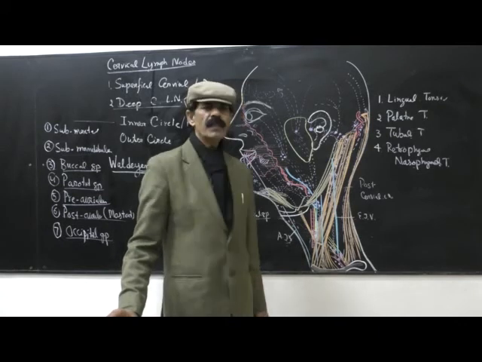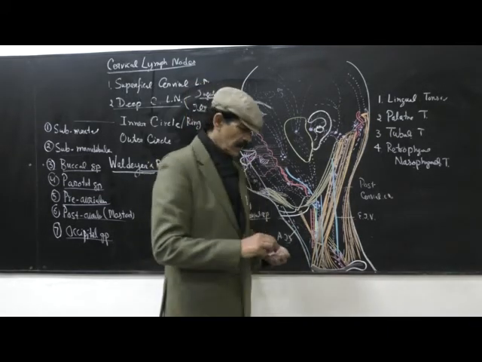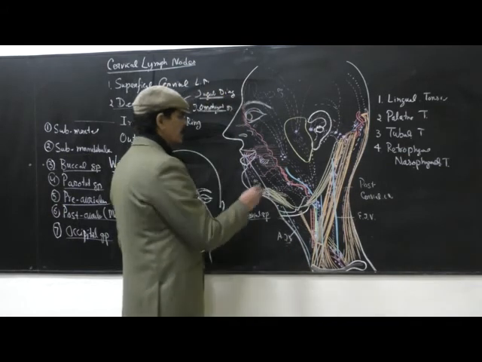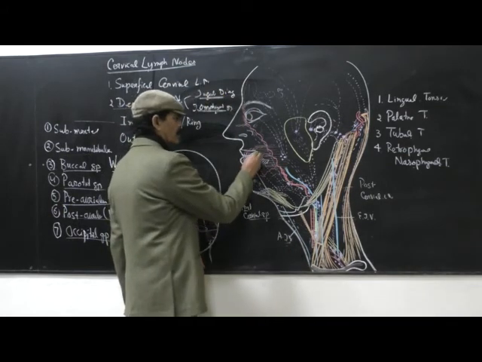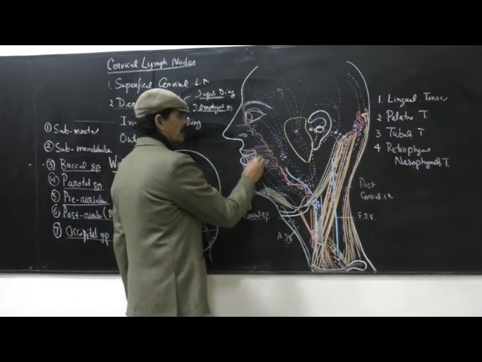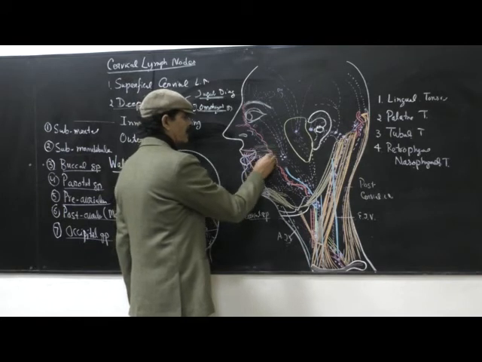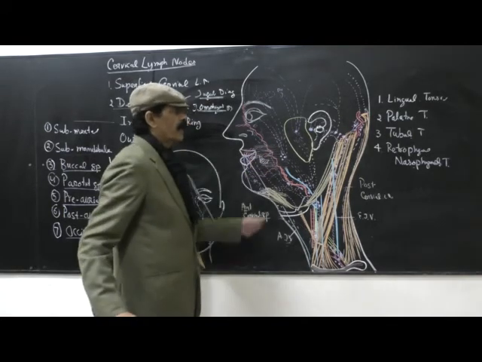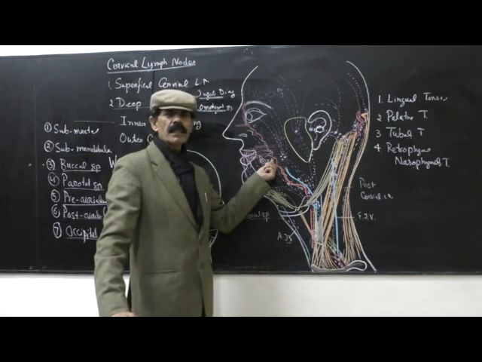They receive the lymph from the different areas. For example, from the tongue, then from the palatine tonsil, and near the palatine tonsil there lies the palate also.